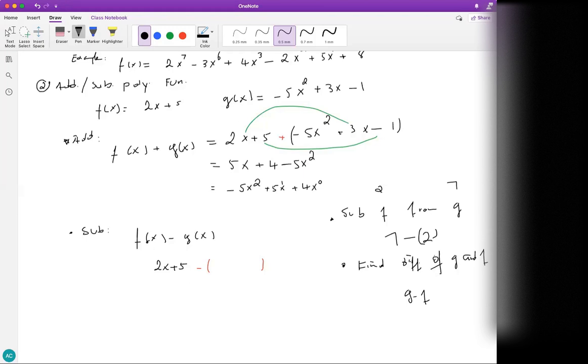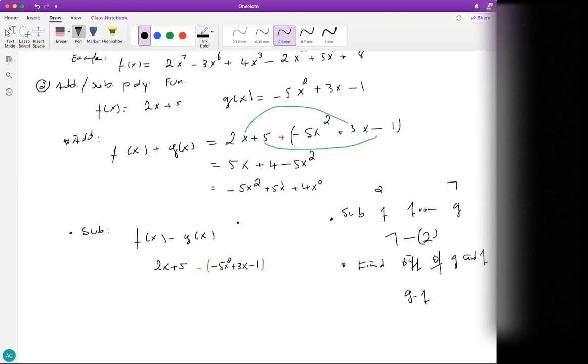So this is g, so f minus g. We wrote f minus g, so g has to be in parentheses, so it's negative 5x to the second plus 3x minus 1.